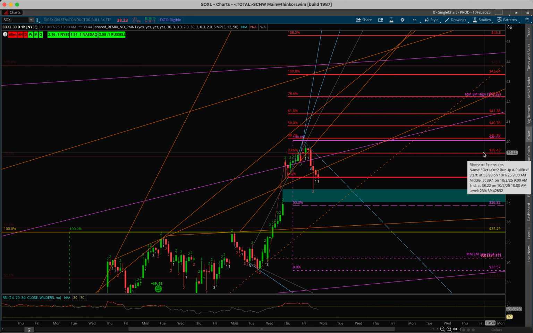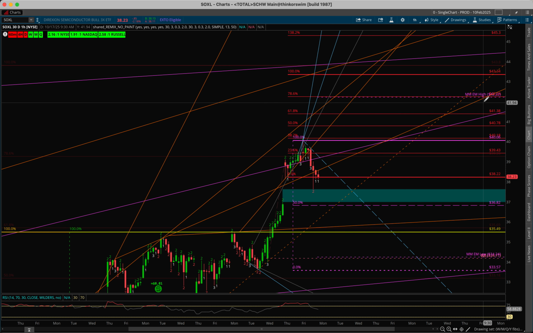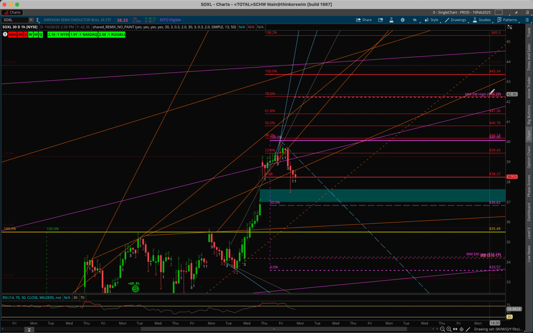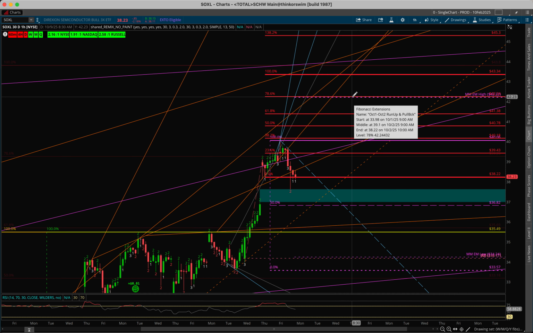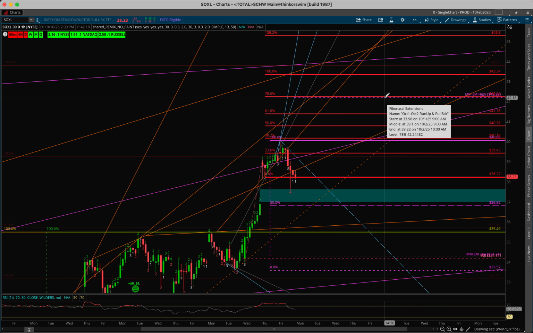So with the expected move of $3.99, that gives us a market maker's expected move high of $42.22, and a market maker's expected move low of $34.24. Now this is not how the market makers come up with the levels, but you can see how the levels that we use in particular align with the market maker's expected move, the fringes of that range.